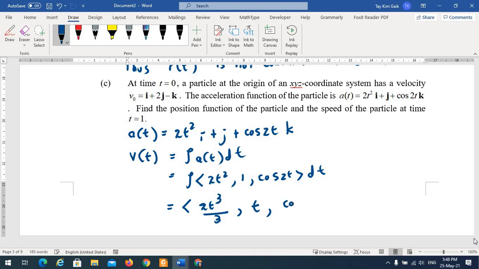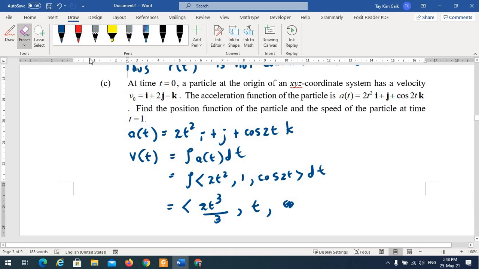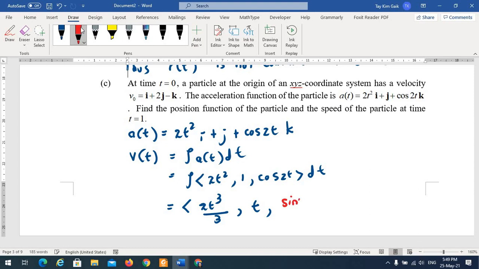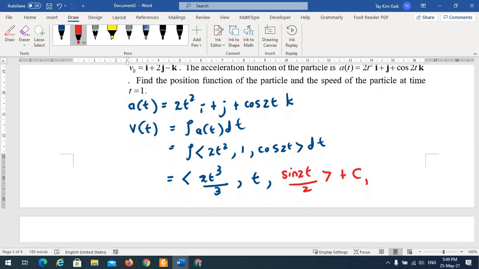Integrate cos 2t, you get sin 2t divided by 2, component k, plus c1. c1 is a vector. So this is 2t cubed over 3 i plus t j plus sin 2t over 2 k plus c1.